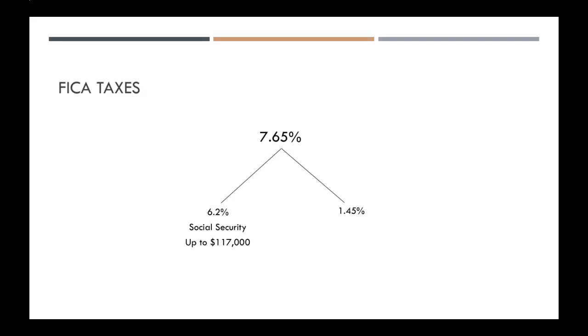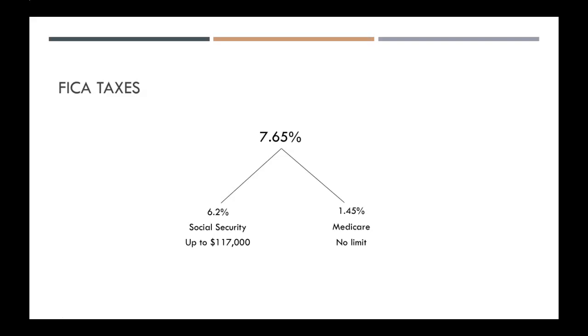Once they make more than $117,000 in a year, they no longer have to deal with any Social Security taxes. Now, the 1.45%, that's Medicare. Now, with Medicare, there is no limit. If you make $7 million, every single dollar is being taxed for Medicare.